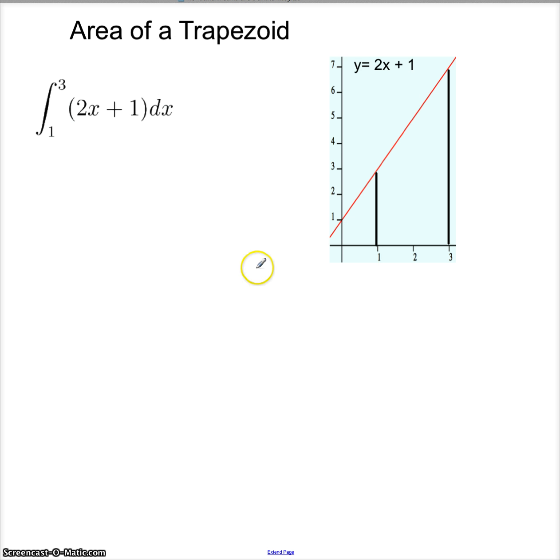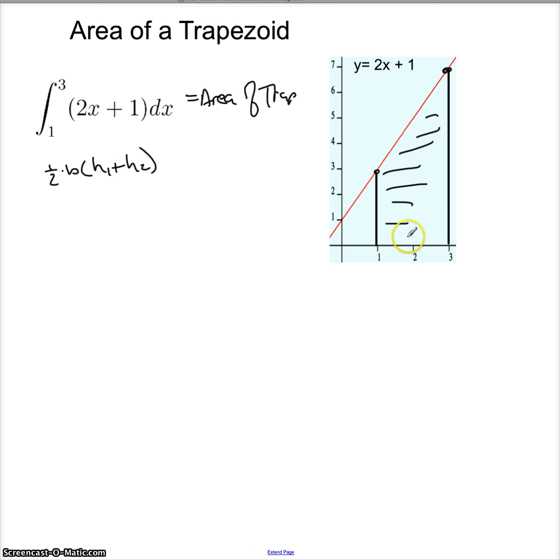What if we have a trapezoid? Okay, same thing. You're going to have to find those 2 points for this one. If we want to find the area of a trapezoid, the area underneath 2x plus 1 is what? We have to write area of trapezoid. So that's 1/2 times the base times h1 plus h2.